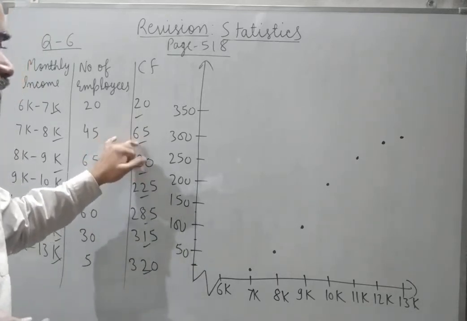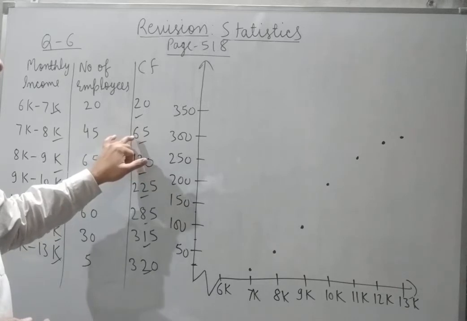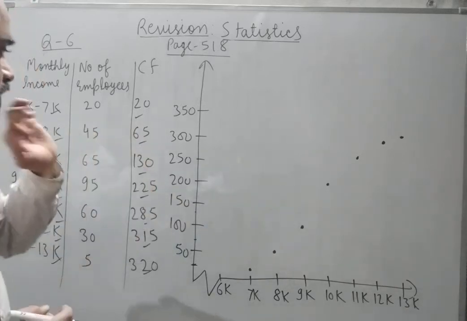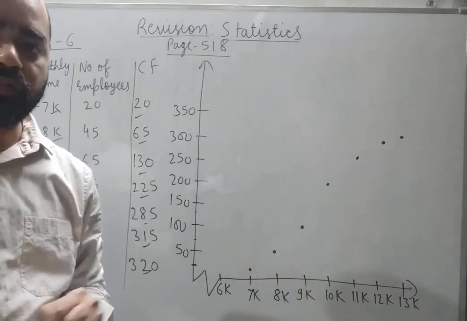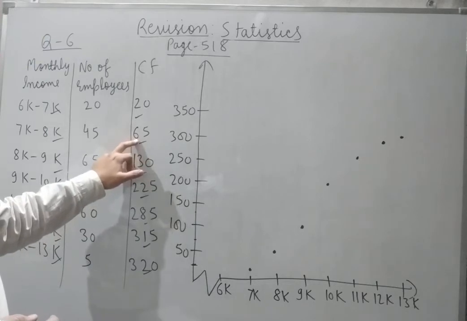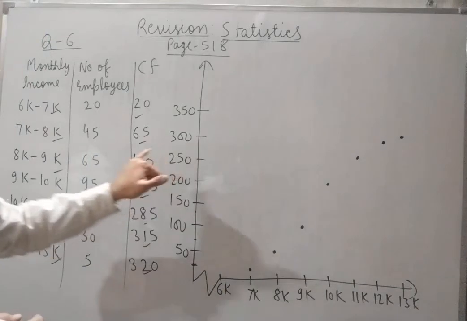Not 13, it is 1.3. 65 upon 50 will give 1.3.